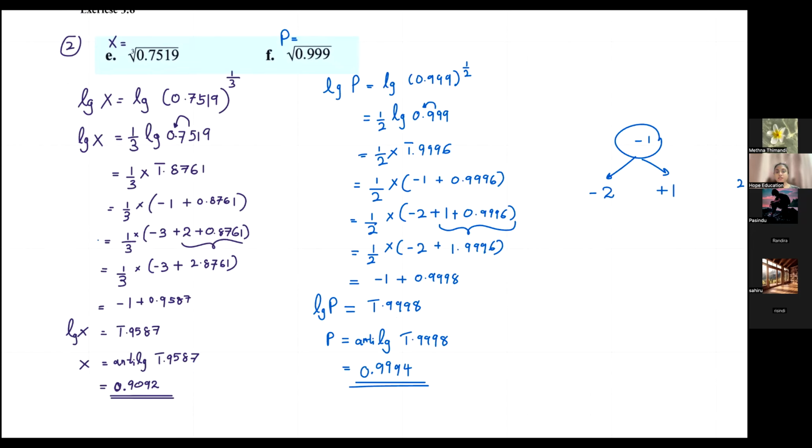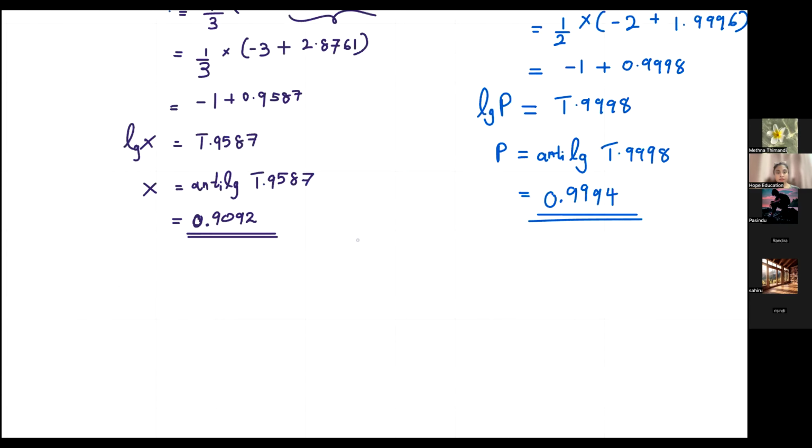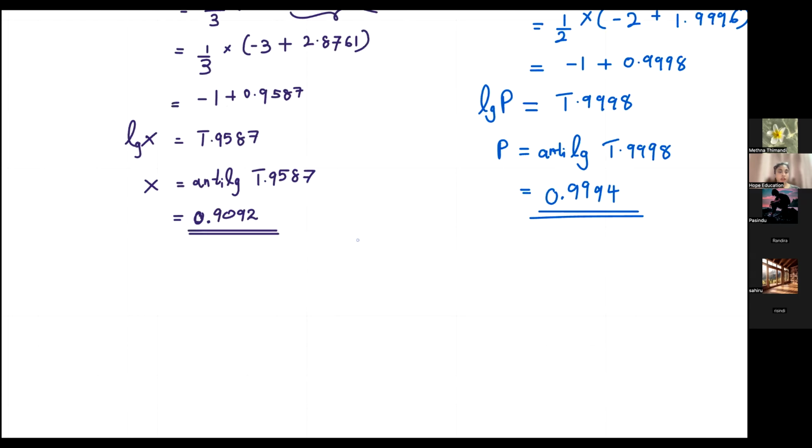So, logarithms we will discuss next day. Are there any more homework in logarithms that I have given you? Any more homework in logarithms that I have given you? No. Okay. Really?